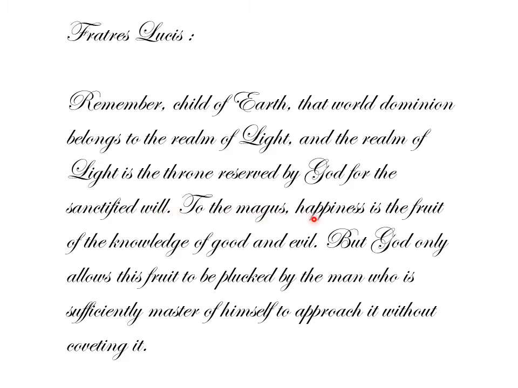To the Magus, happiness is the fruit of the knowledge of good and evil, but God only allows this fruit to be plucked by the man who is sufficiently master of himself to approach it without coveting it." And a lot of times they called this card the materialist, also with the adept, because a lot of what we're showing here is the material world.